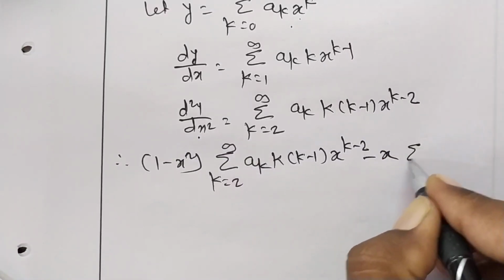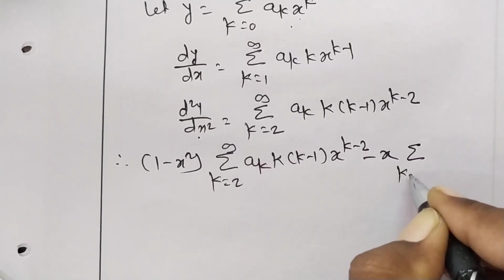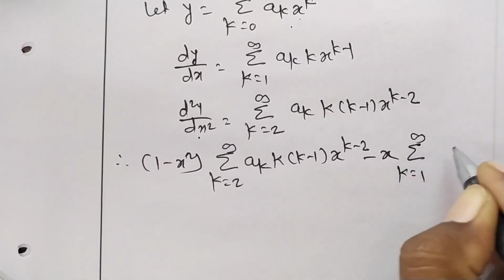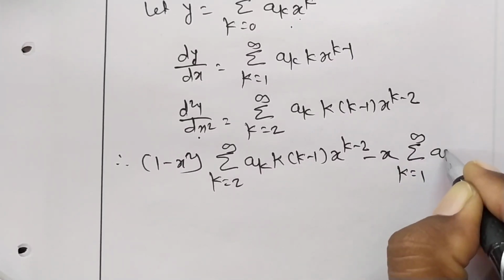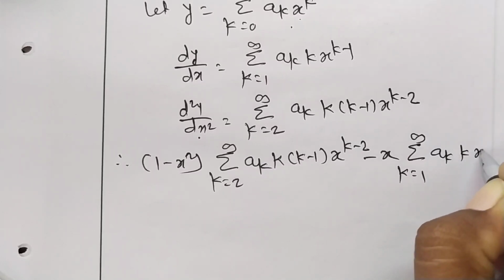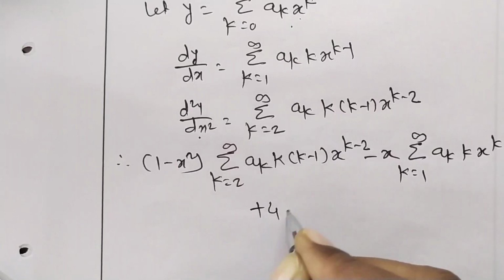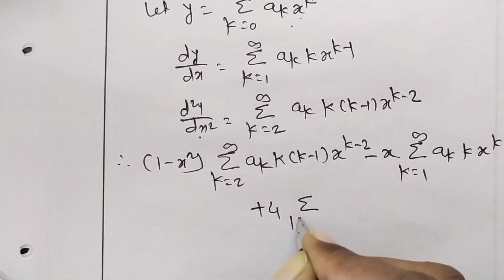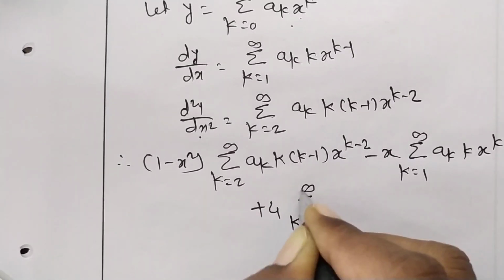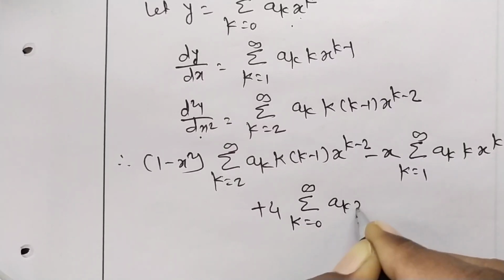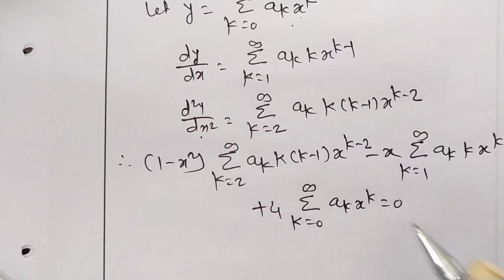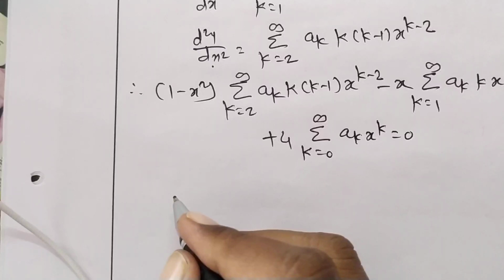The value of dy by dx is summation of k varies from 1 to infinity ak into k x raised to k minus 1, and plus 4 into y, summation of k varies from 0 to infinity ak into x to the power k, equal to 0. So same as last problem.